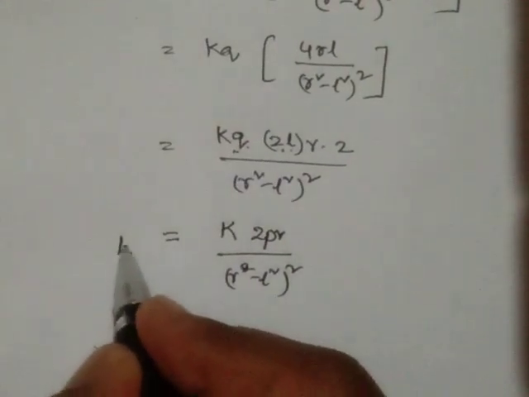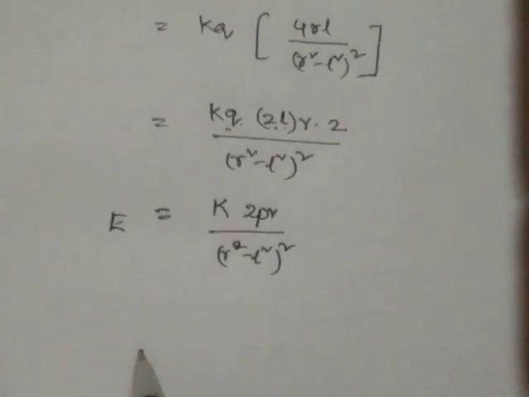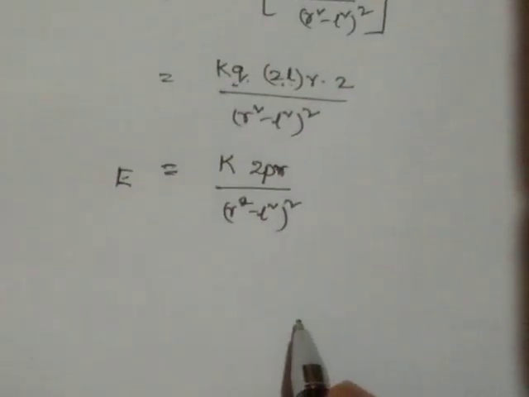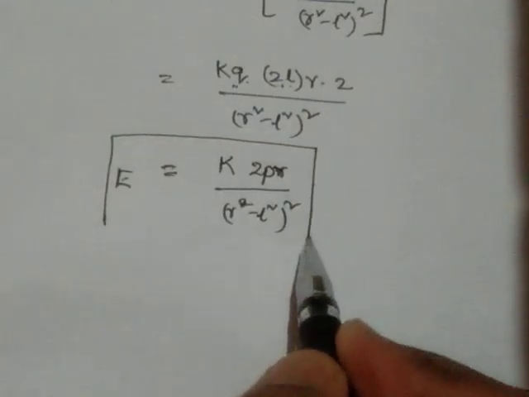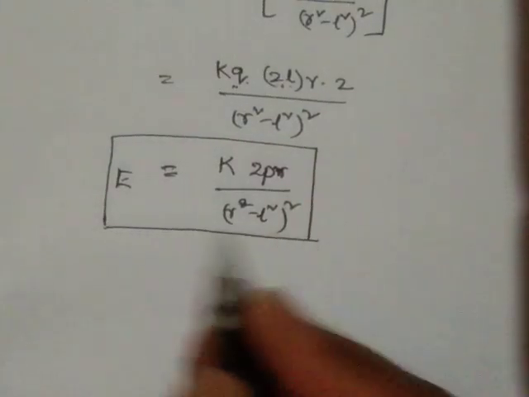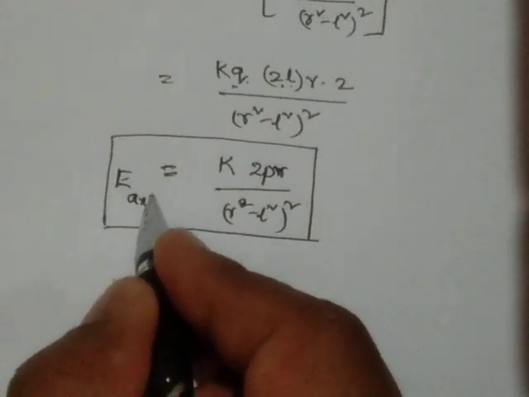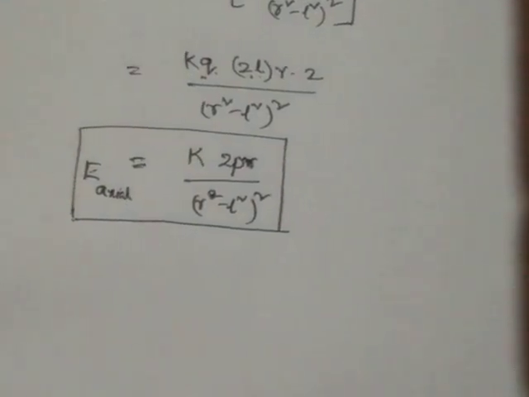This is equal to E, the magnitude of the field intensity. This is the end result for the field intensity due to the dipole on its axial line, which can be written as E axial.